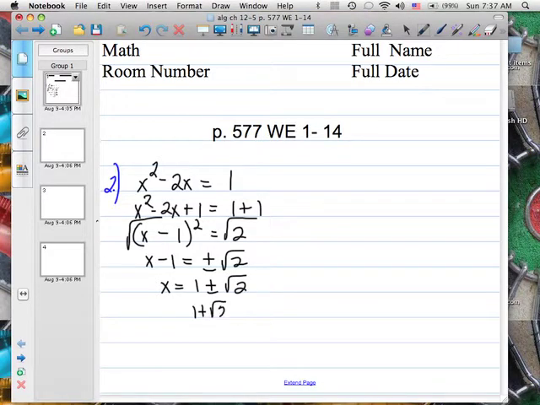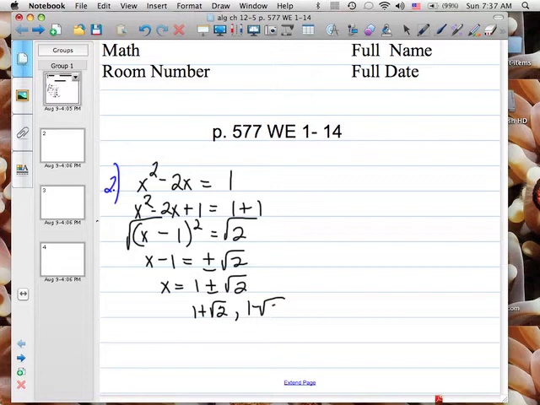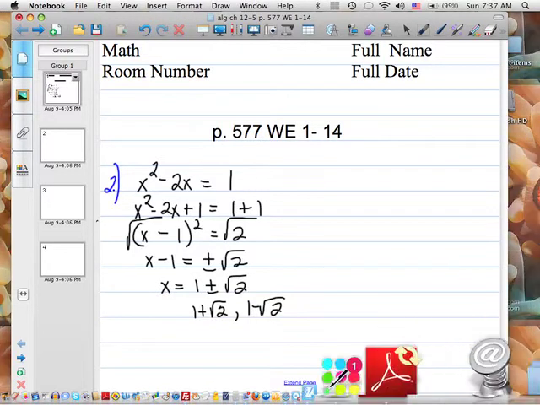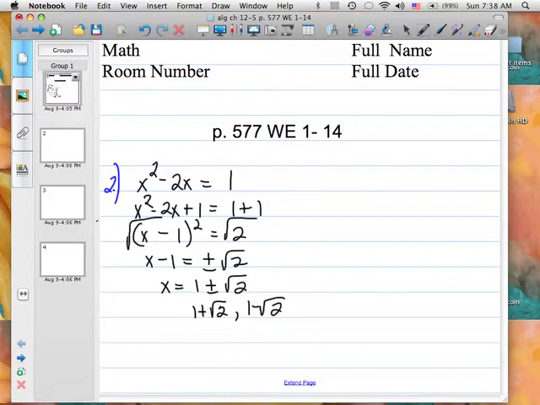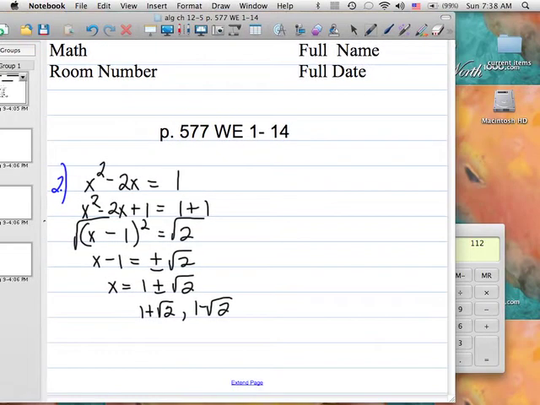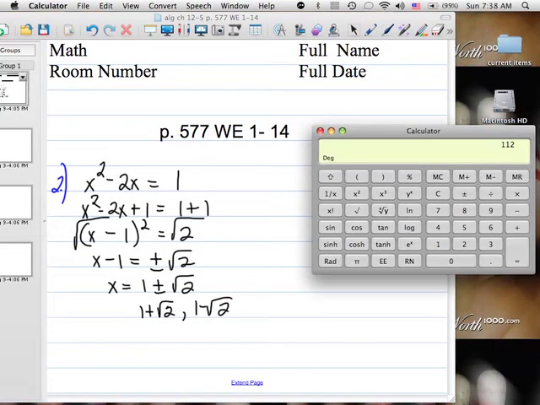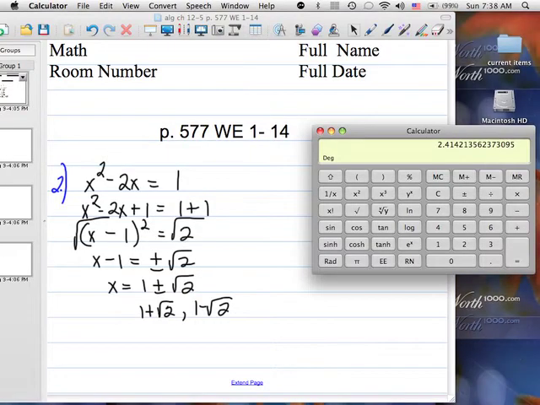So 1 plus the square root of 2 and 1 minus the square root of 2 will work, and using my calculator, 1 plus the square root of 2 to the nearest tenth.